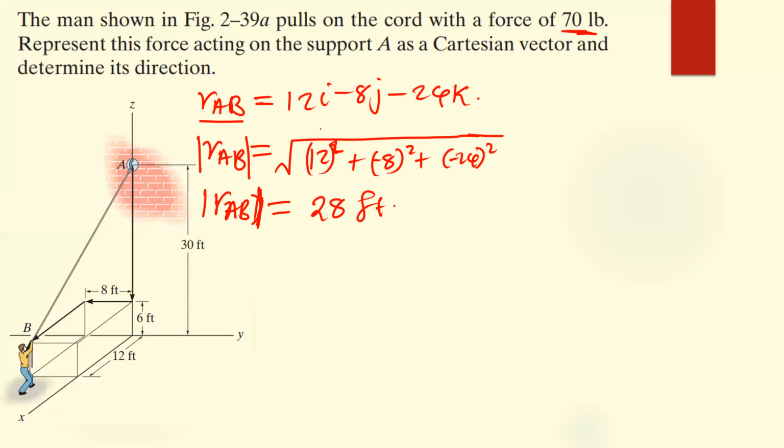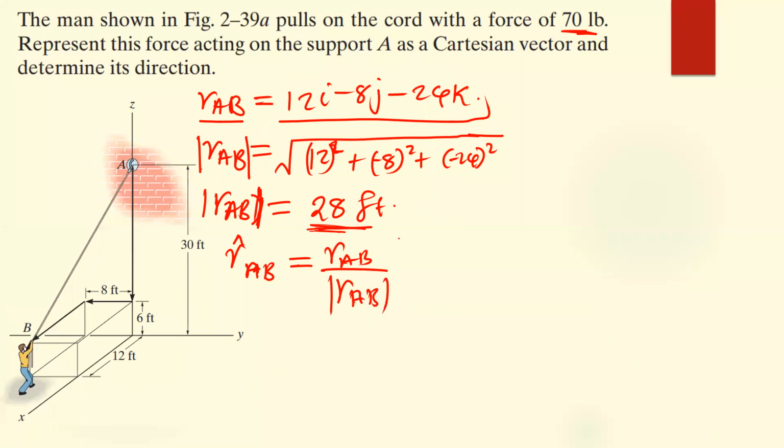So with this 28, to find the unit vector in the direction of AB, we're going to divide the whole vector by what? By the magnitude, because we know that to find the unit vector, we always divide the vector by its magnitude.